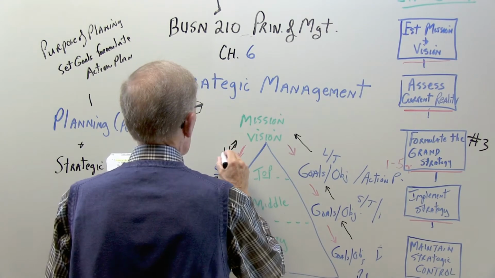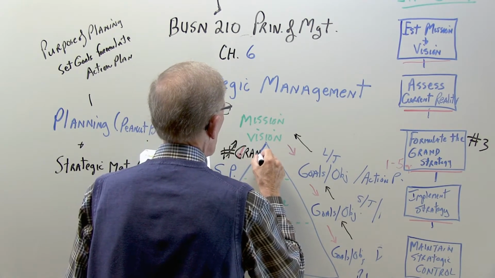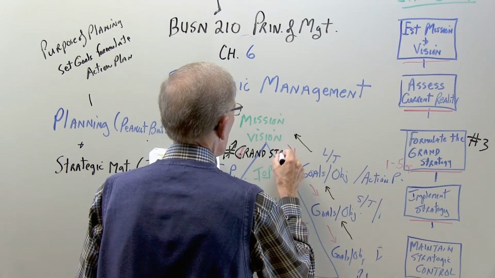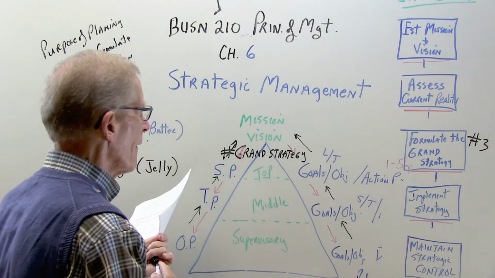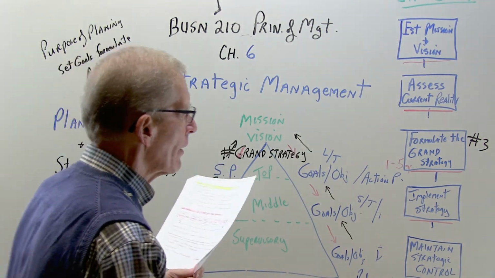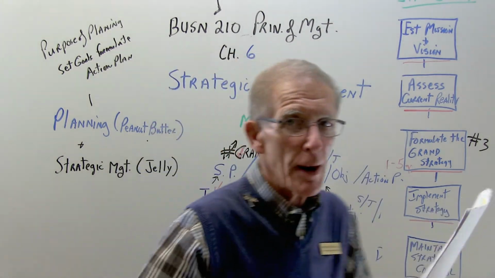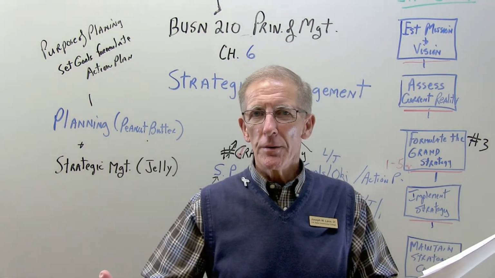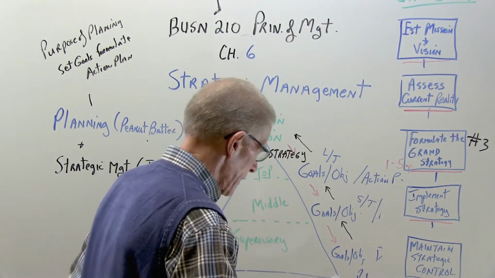I'd put step number 3, the grand strategy right there. If you can formulate your grand strategy, your overall strategy, your most important strategy, I think that would go here. Then you do these things.